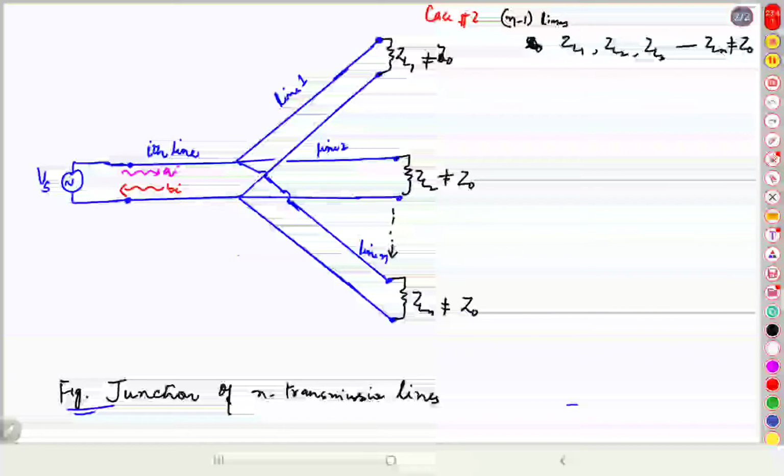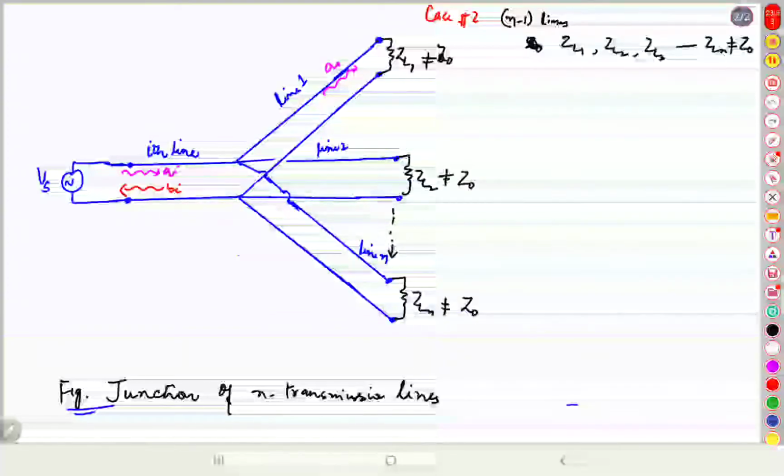So what that means is that there will be reflections from all these loads. That means if I have an incident wave here as A1, B1 is the reflected wave, and B1 in this case would be non-zero.